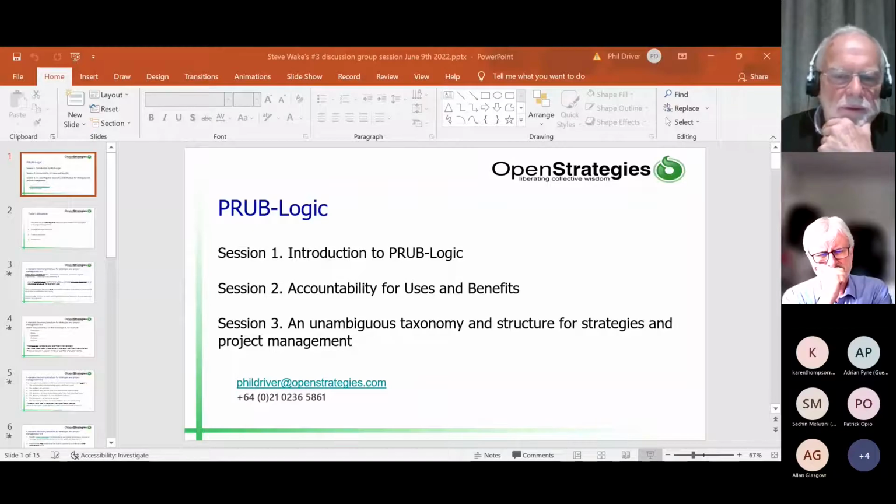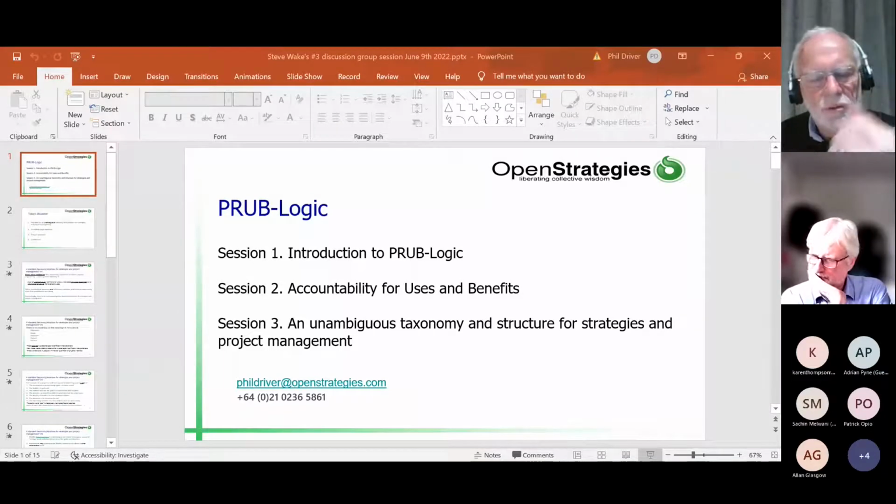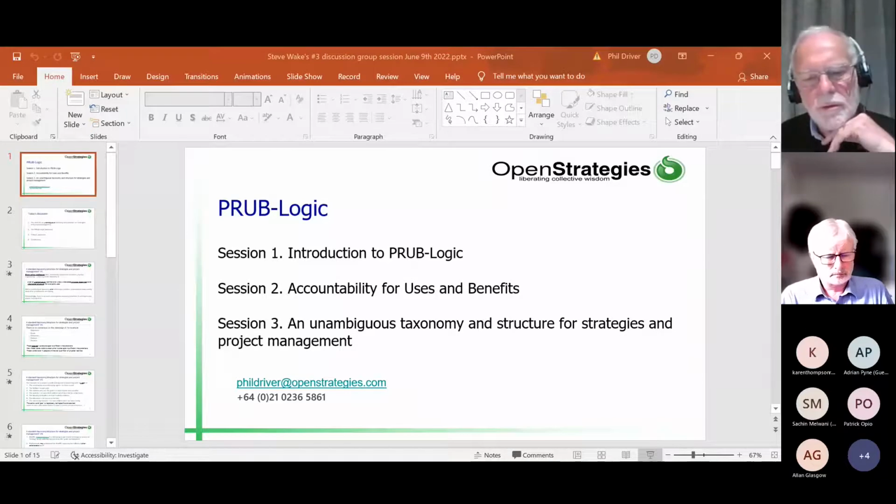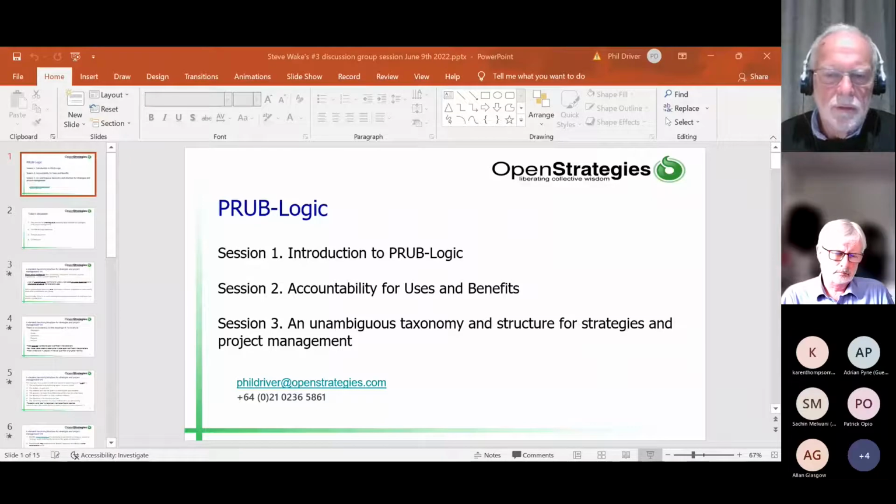So in practice, what we recommend is that you define your strategy using PRUB-Logic. What projects, results, uses, and benefits are you going to do? And then secondly, you can decide if you want to label some of those projects, results, uses, and benefits as goals or objectives. But you have to have the project, result, use, benefit first before you can label them as a goal or an objective.